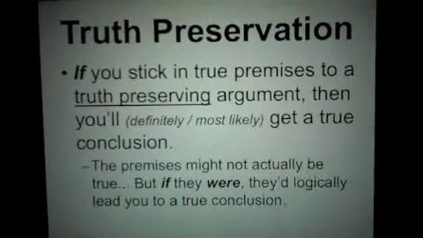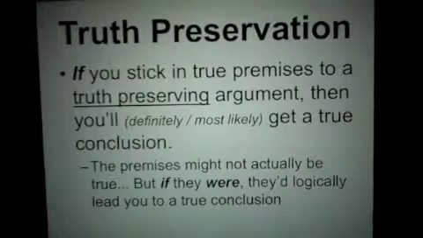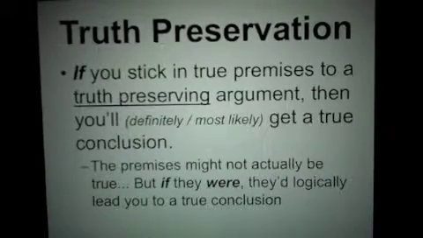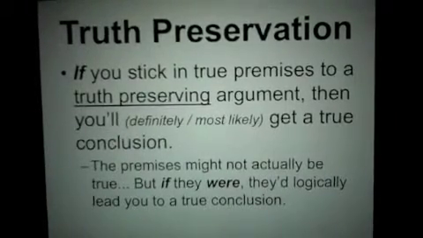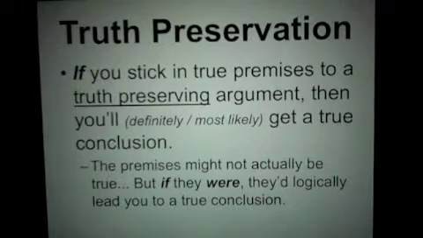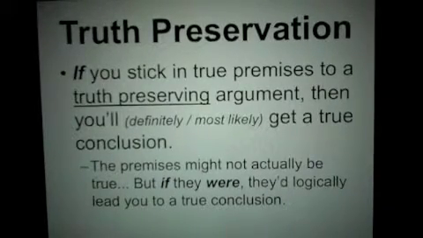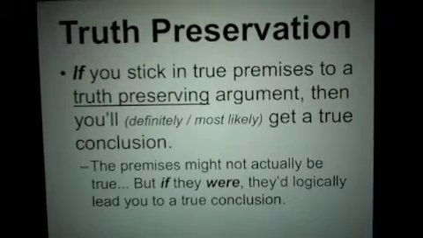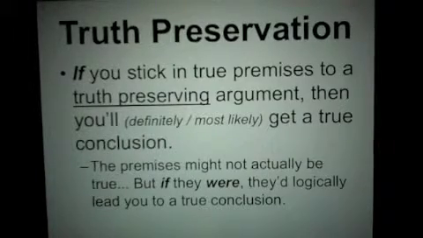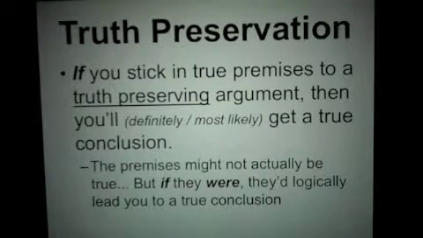The tricky thing about truth preservation is an argument can have good truth preservation even if you stuck in actually false premises. Notice this says if you stick in true premises, then you'll definitely get a true conclusion. It doesn't say you're actually sticking in true premises in the particular argument you're dealing with.